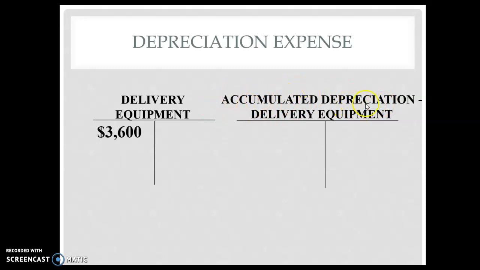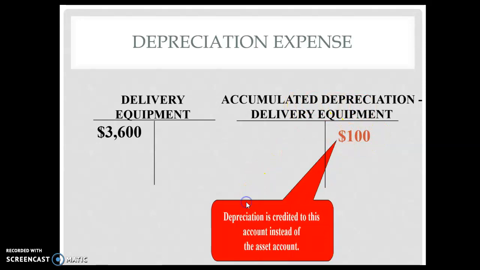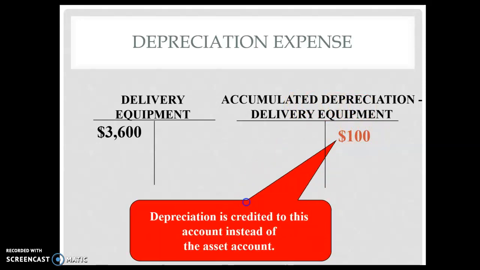Accumulated means built up, depreciation of delivery equipment. And I'm going to put the $100 credit there, instead of putting it in delivery equipment itself, which would bring my balance of delivery equipment down to $3,500, and I don't want to mess that $3,600 up. I want to leave it there because of the historical cost principle. So instead I'm going to put the depreciation every month in this other account, accumulated depreciation.